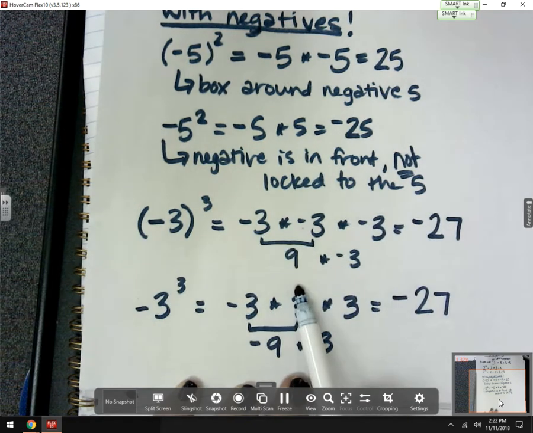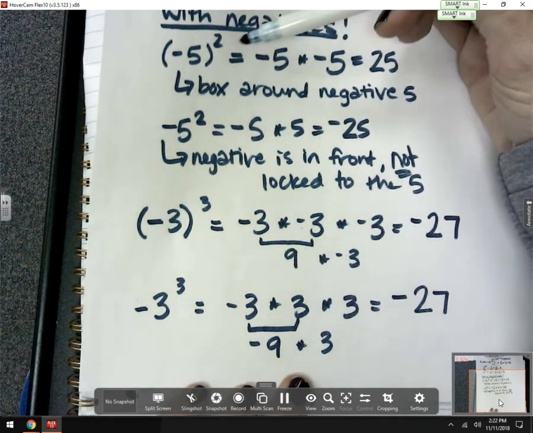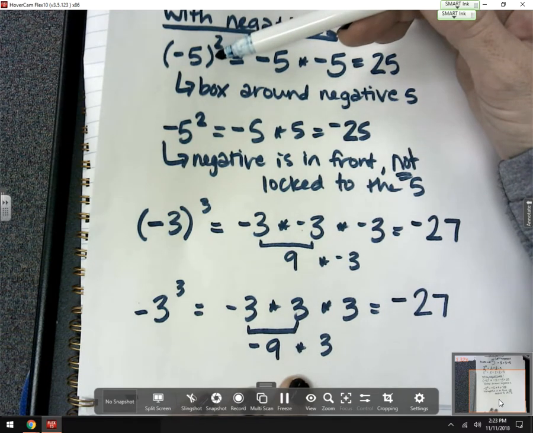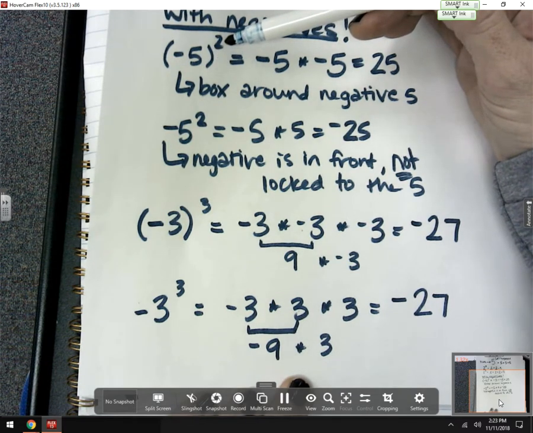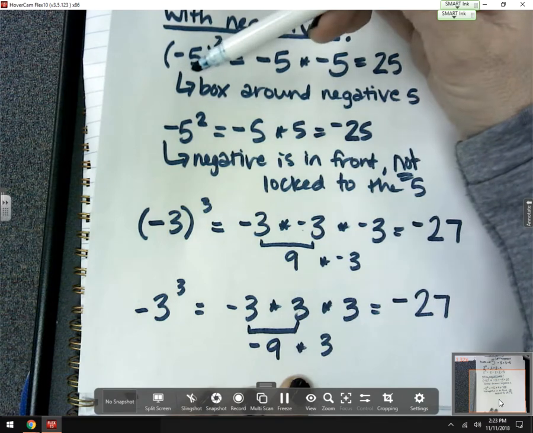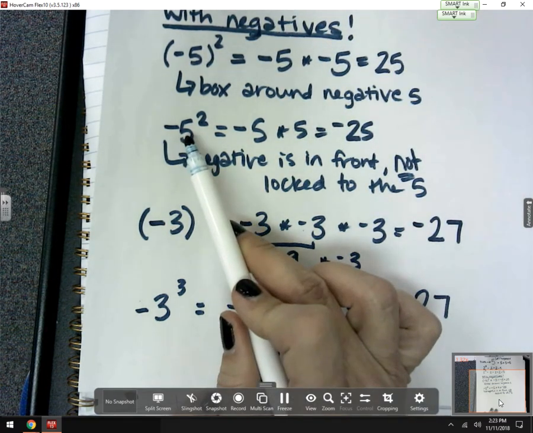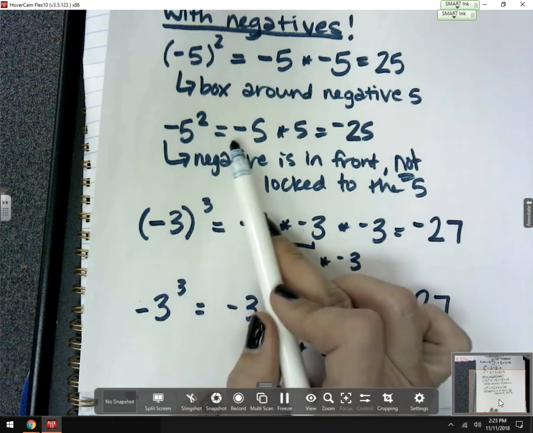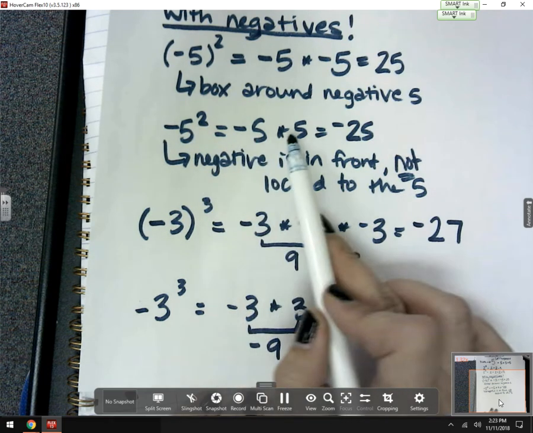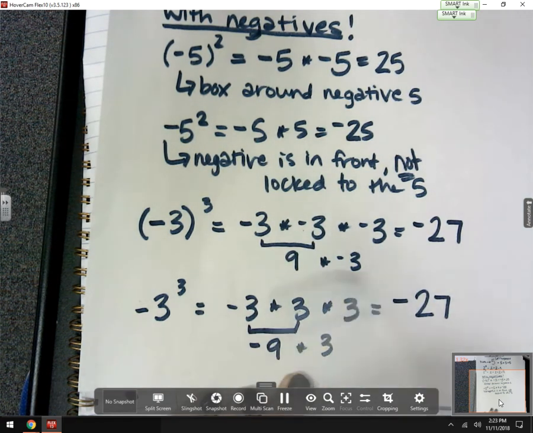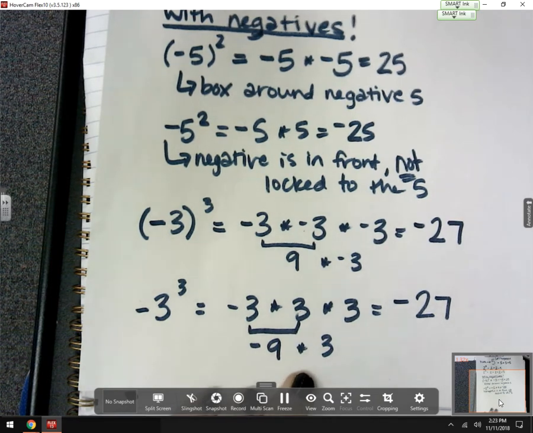It's because I had an odd number of negatives. So what I wanted you to understand is that if your negative is in the parentheses, then the exponent does whatever's in the parentheses that many times. If the negative is outside of the parentheses, then it's only attached for the first part of the expanded form of the negatives.